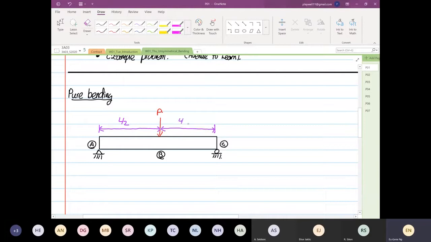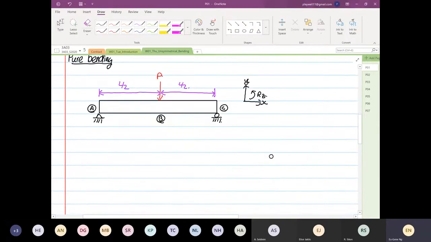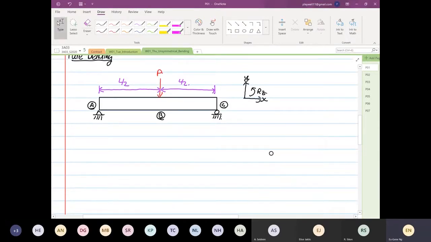So if we were to draw our coordinates, this is our X direction, Y direction, and over here this is our rotation about the Z direction. From here, if we construct a free body diagram to look at the reaction forces, we know there's a reaction force over here, which is AY, and a reaction force over here at CY.